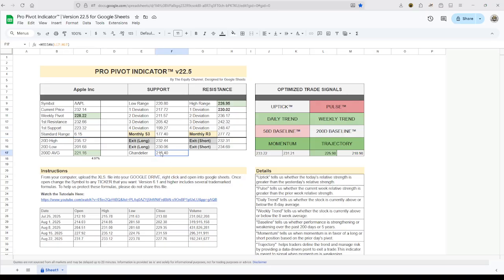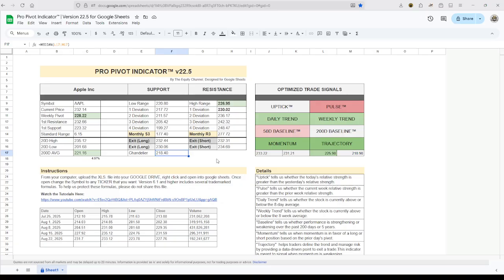Now, this is more used as a bias for my trades, meaning I will still allow these levels to stop me out, but I'll use this level to determine whether I'm looking for shorts now or longs now. That's more of how I use it. So it's the ultimate pivot point indicator here, more than anything.